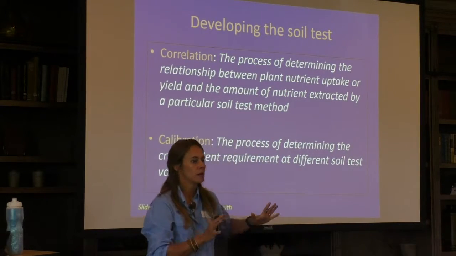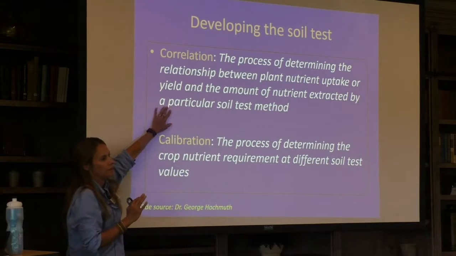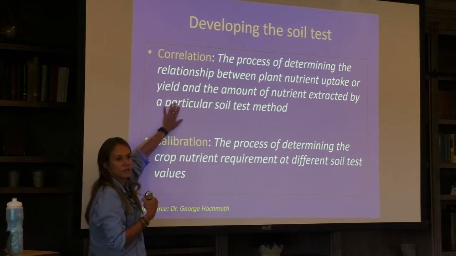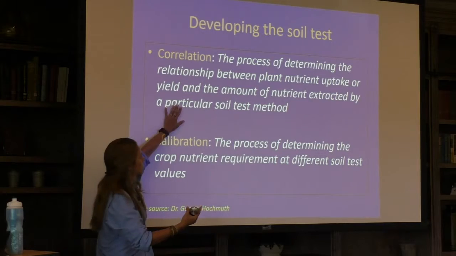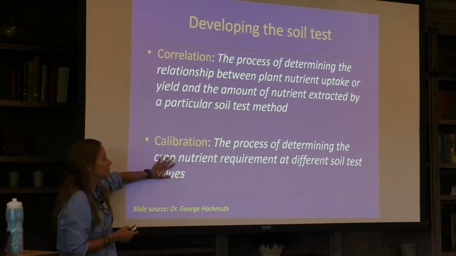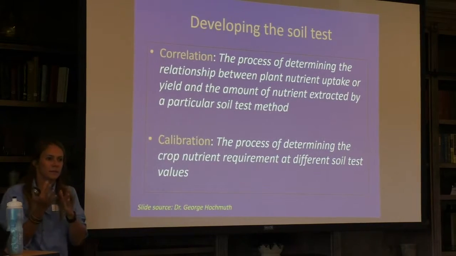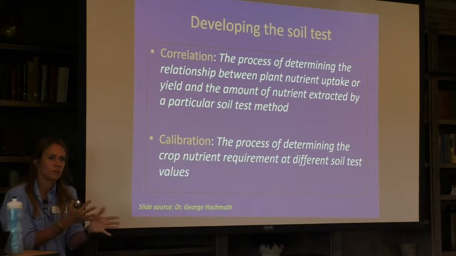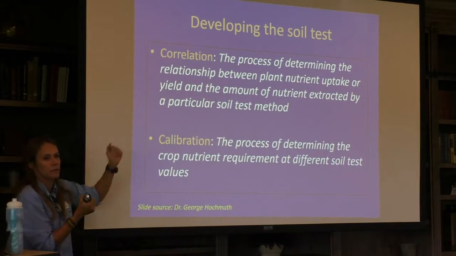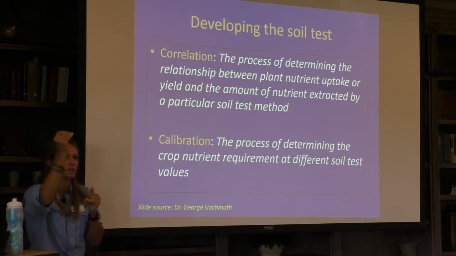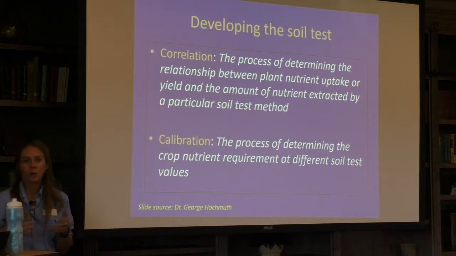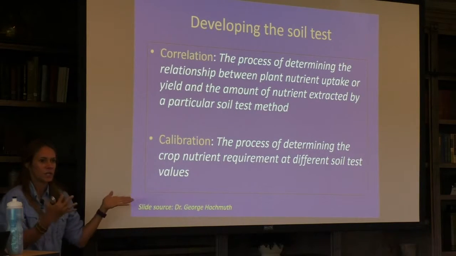So there's a lot of experiments and science involved in developing those chemicals. This is the correlation. And the calibration comes once the soil test procedure is well correlated with the plant response, which usually is determined in greenhouse conditions.